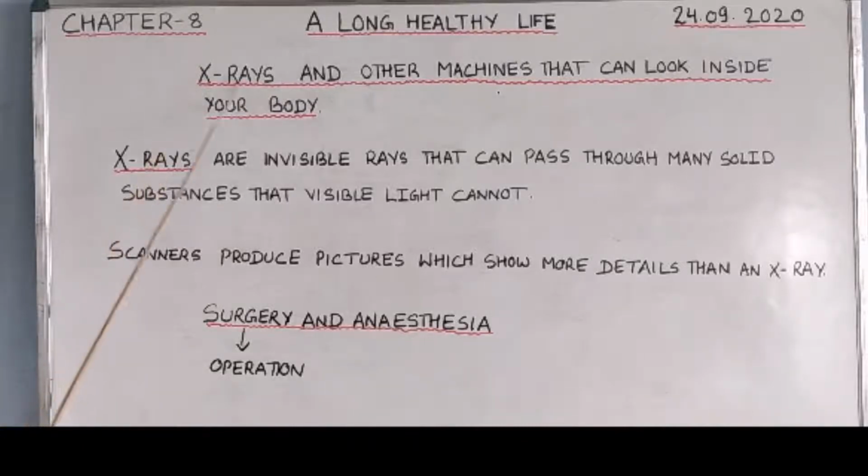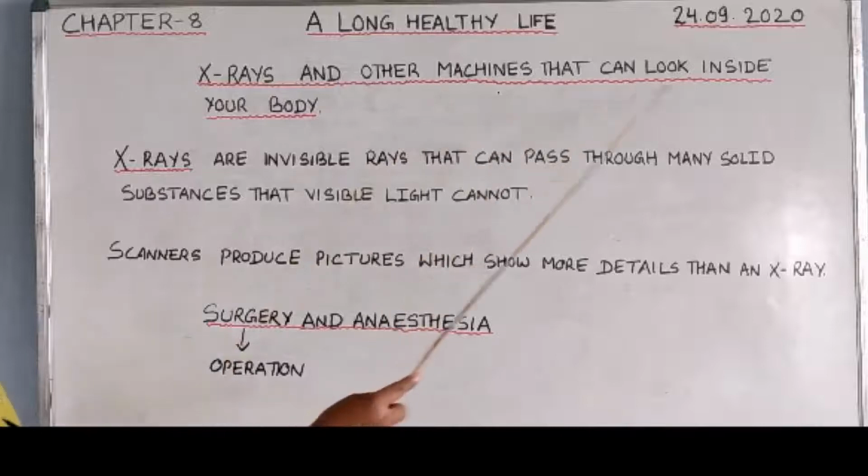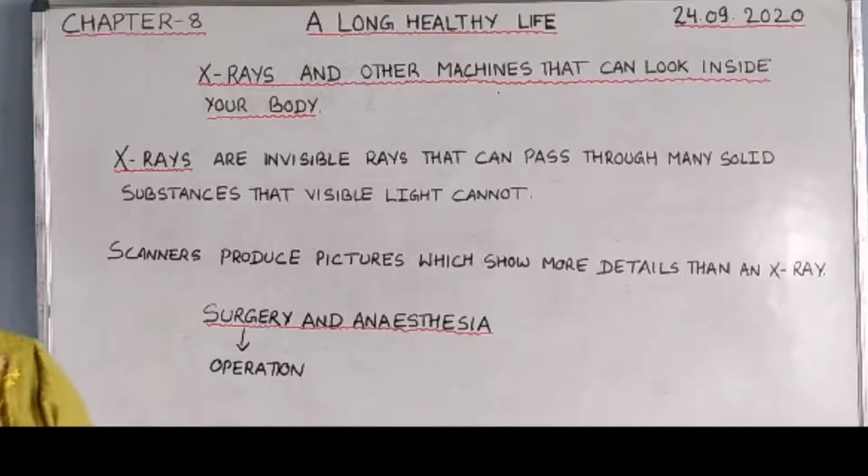Here, X-rays and other machines that can look inside your body. What are the instruments used by doctors to see injuries or diseases inside the human body or the patient's body? The first one is the X-ray, as you all know.